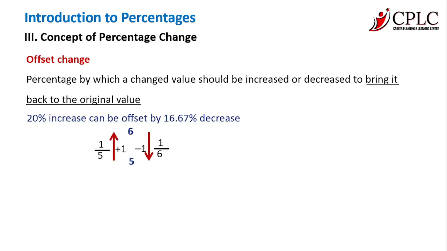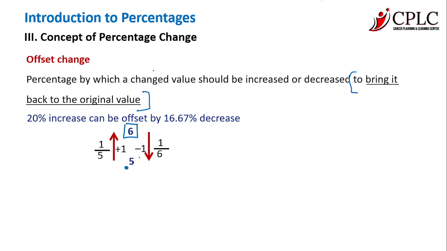So obviously we'll arrive at 6. We are at 5 right now, which is the base value, and from there we'll increase by 1 and arrive at 6. So now we are at 6, but what is offset? Now we are at 6, but we want to come back to the previous number, that is 5.